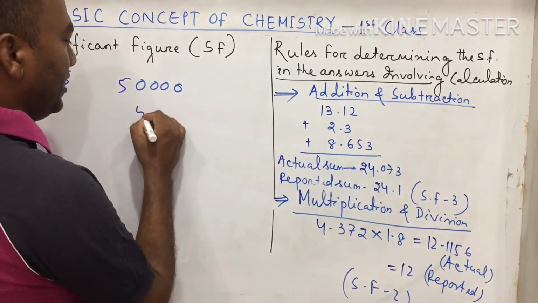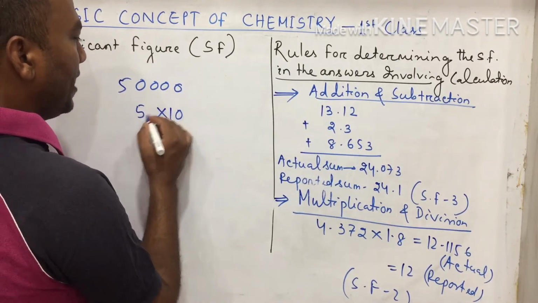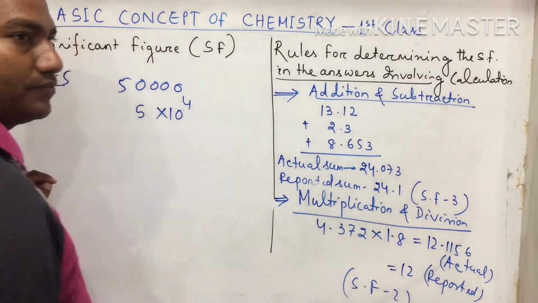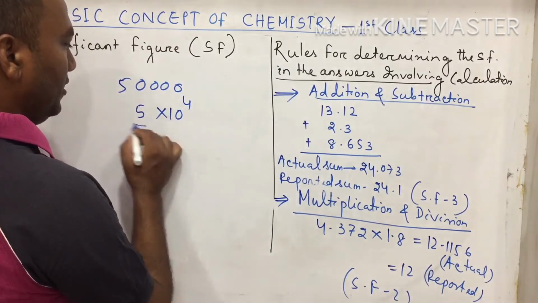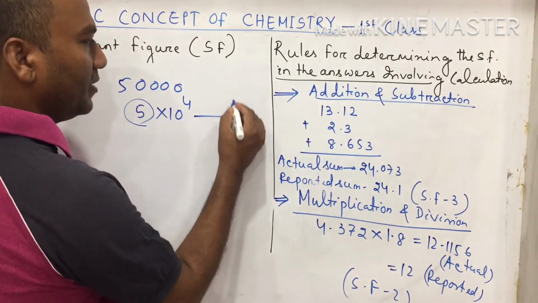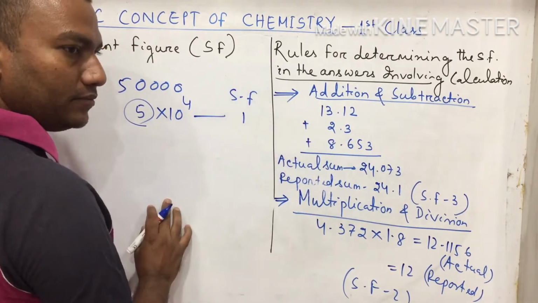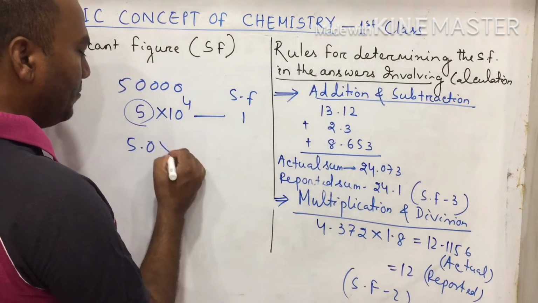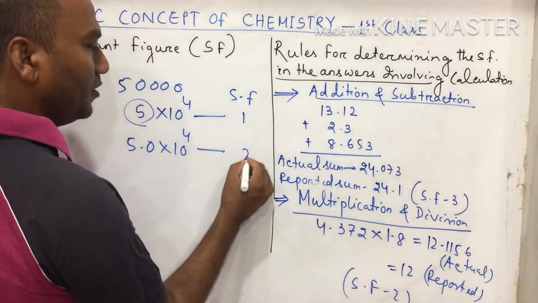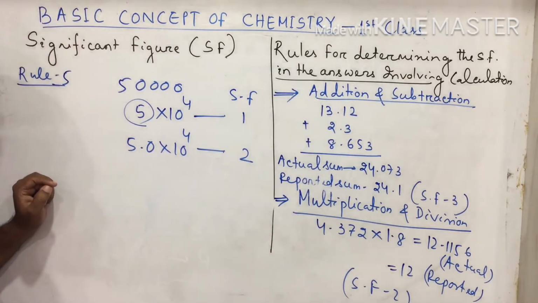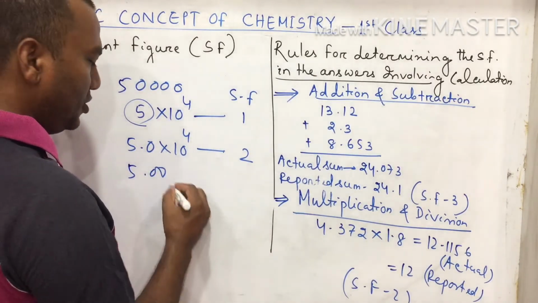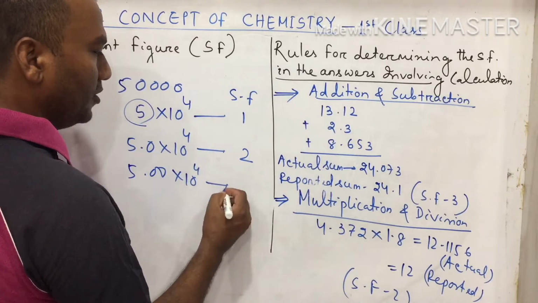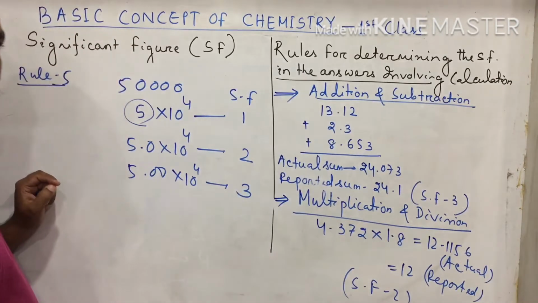Someone will write 5 into 10 to the power 4, scientific notation format. How many digits? 1, so its significant figure is 1. If someone writes 5.0 into 10 to the power 4, its significant figure is 2. Another will write 5.00 into 10 to the power 4, so its significant figure is 3.